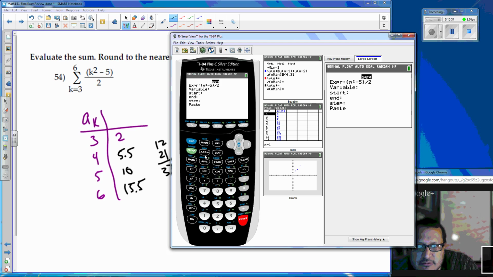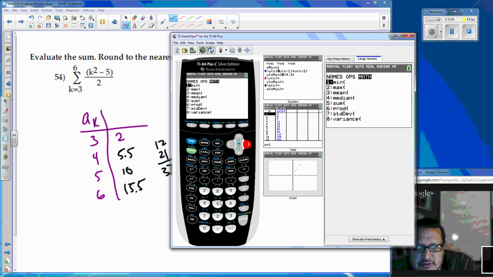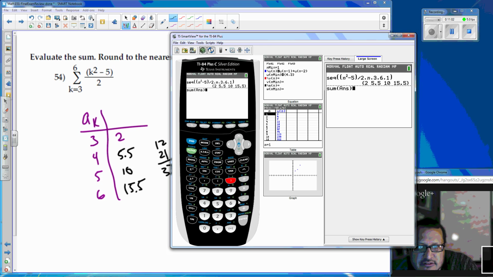The variable is n. The start is 3, 6. The step is just 1. And so that is the 4 numbers we have here. Now what I'm going to do is I'm going to sum all of those up using 5, sum of the answer. Now you could have put it all in together, but we'll do it in 2 steps. 33 is the answer.